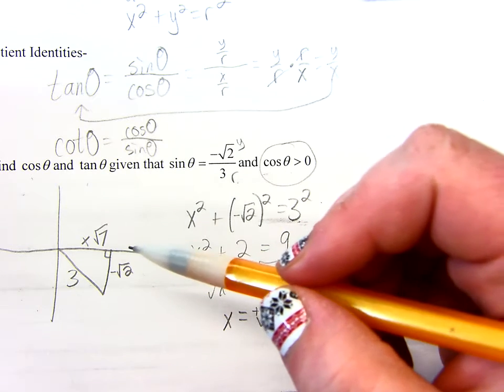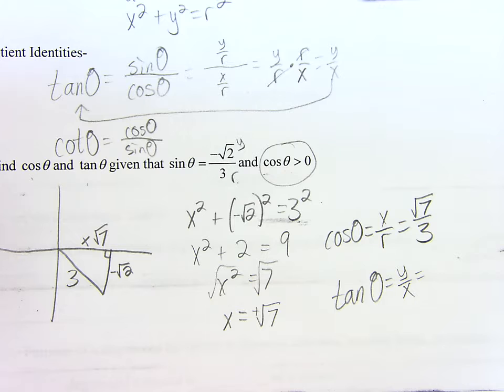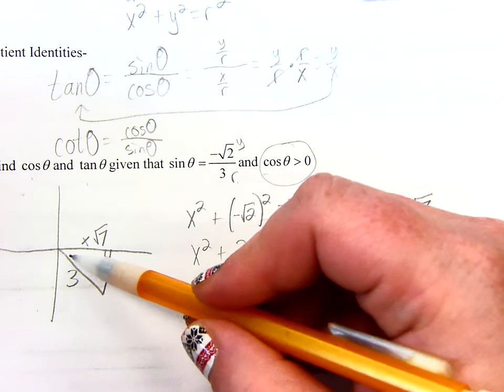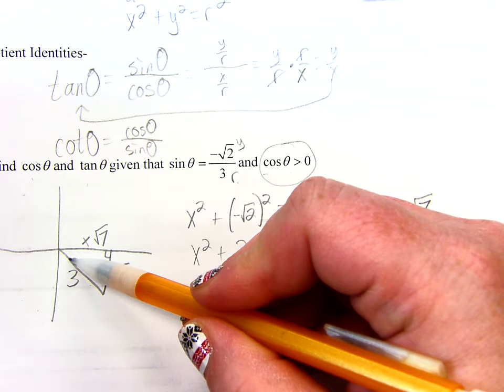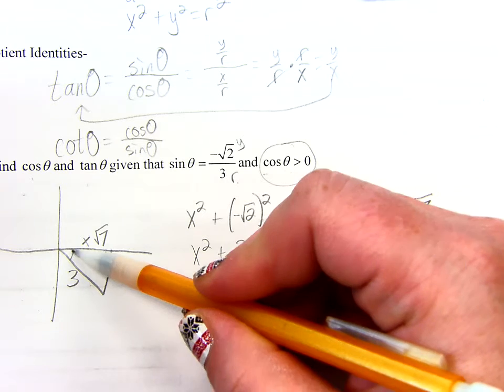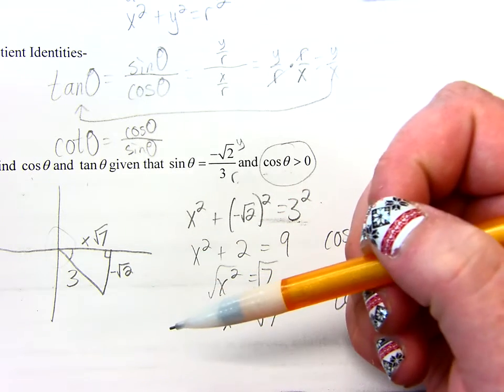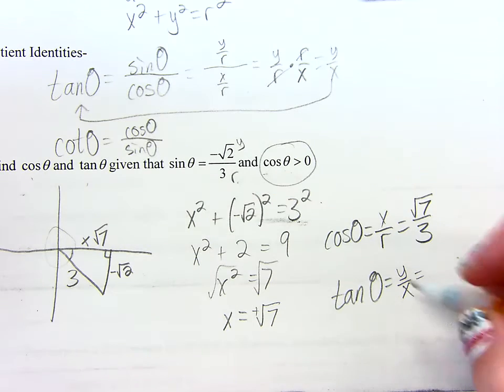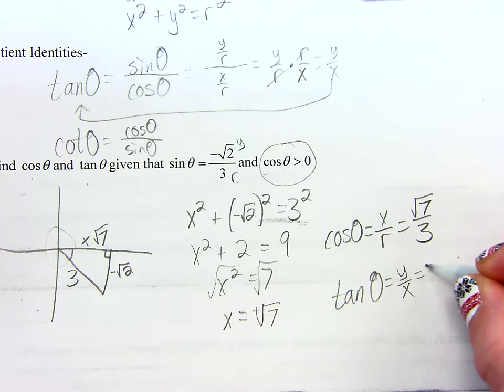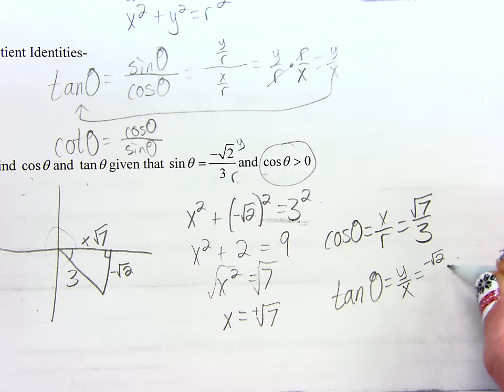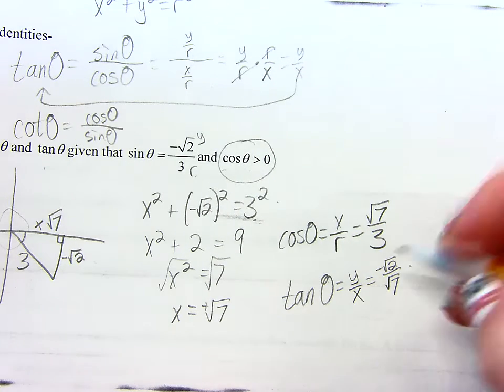How do you know which one to use, opposite or adjacent? It's always this one or this one. They'd be the same. So y over x would be negative root 2 over root 7, and then I do just have to fix that.